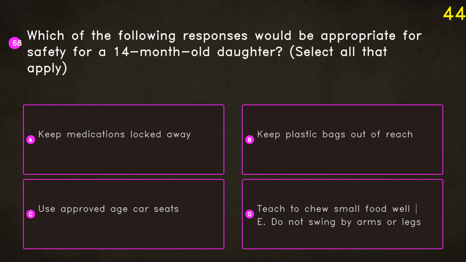Question 68. Which of the following responses would be appropriate for safety for a 14-month-old daughter? Select all that apply. A. Keep medications locked away. B. Keep plastic bags out of reach. C. Use approved age car seats. D. Teach to chew small food well. E. Do not swing by arms or legs.